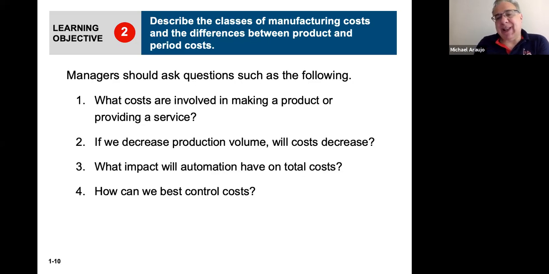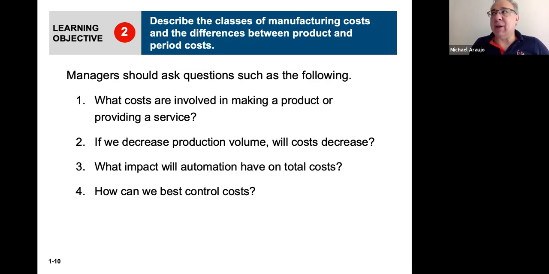If I produce less of it, will the costs go up or down? What if I use fewer people and more machinery to make my products? Will that affect the cost? Will costs go up or costs go down?